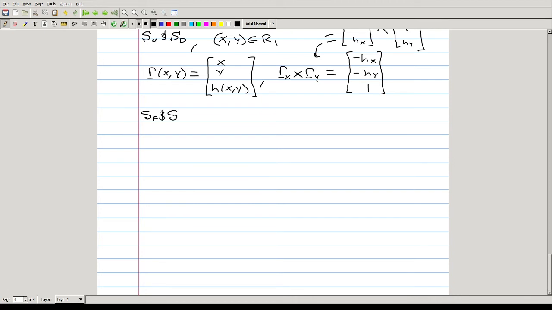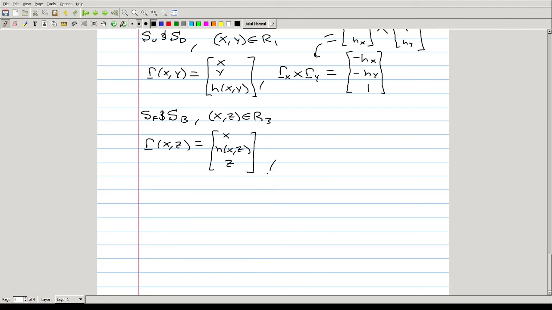S front and S back is a surface that's parameterized for x and z in R3. And so our parameterization is r of x comma z equal to x, and then some function h of x comma z, which is like our function y front and y back from before, and then the z coordinate.